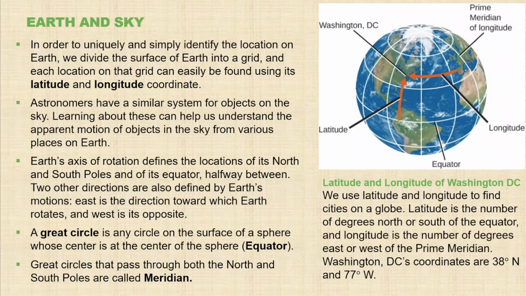On Earth, to find a specific location, we define two things. One is the latitude and one is the longitude. These two coordinates. As you can see in the diagram, this is Earth's equator, and we consider Earth's equator to be at 0-degree latitude.